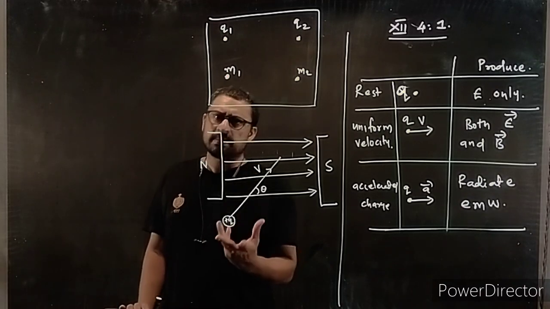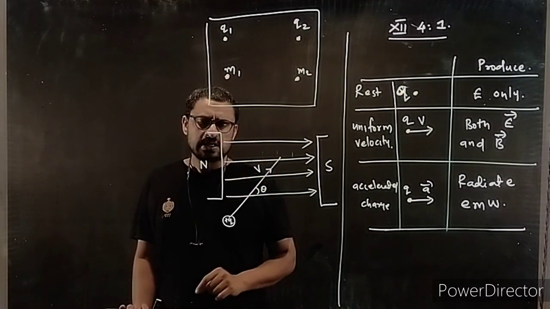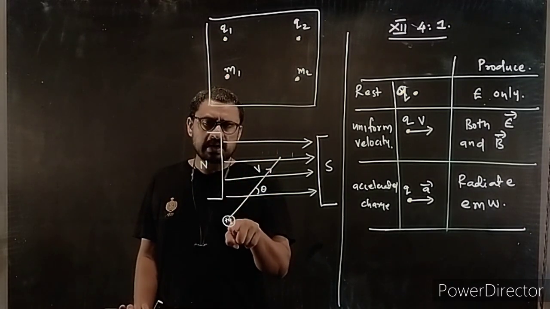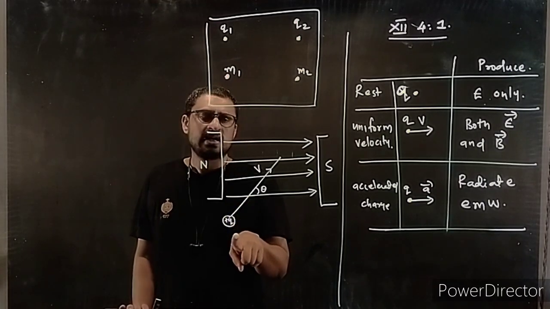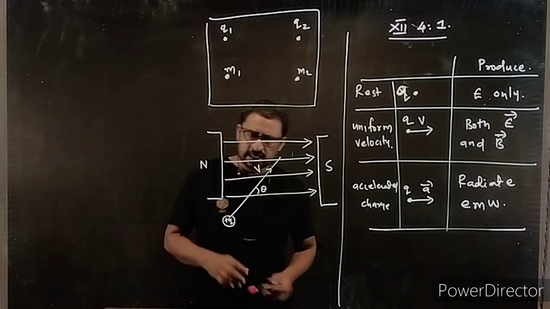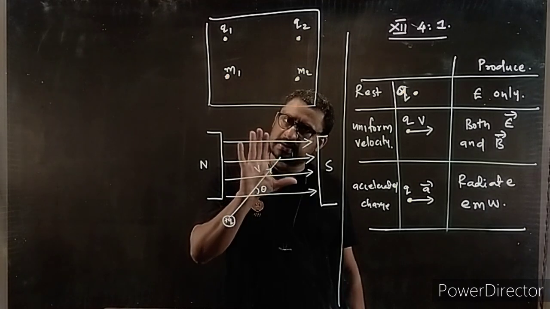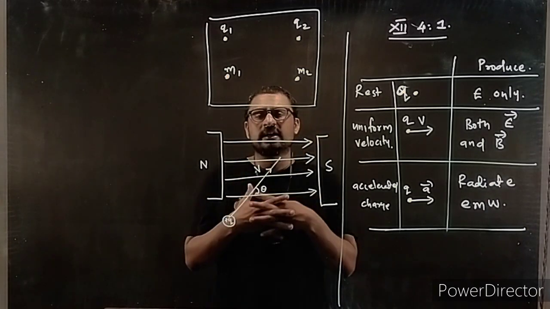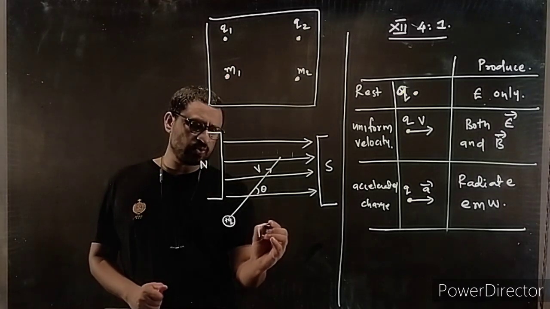This charge is producing a magnetic field, and there already exists a magnetic field. The magnetic field produced by the motion of this charge will interact with the externally existing field. I will repeat, this charge will produce a magnetic field under motion. Already there exists a magnetic field, and those two magnetic fields will interact, and that will result in a force acting.